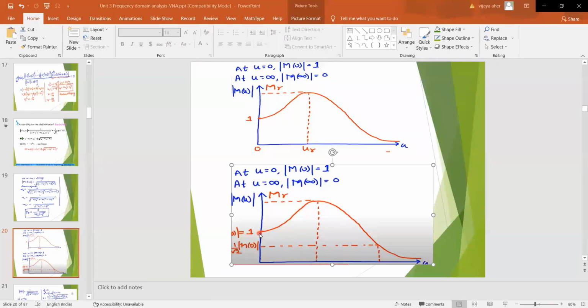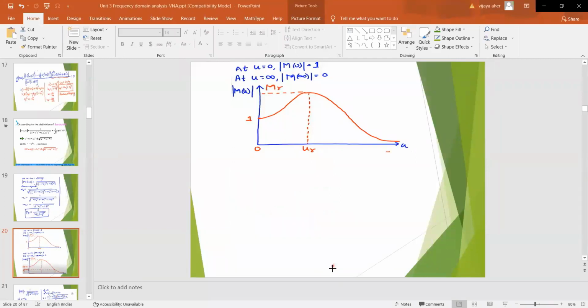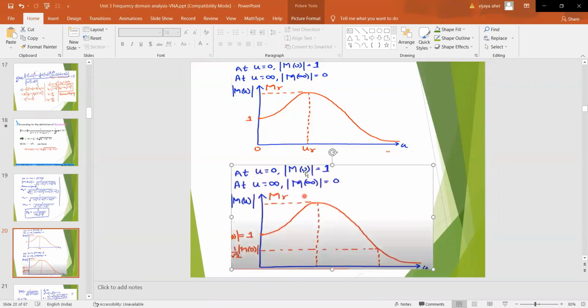At the resonant frequency I got the resonant peak MR, denoted by the letter MR. So when u is equal to 0, the magnitude of M(u) is equal to 1.